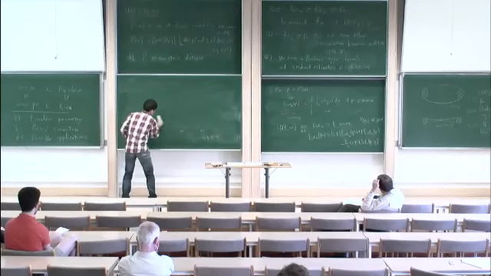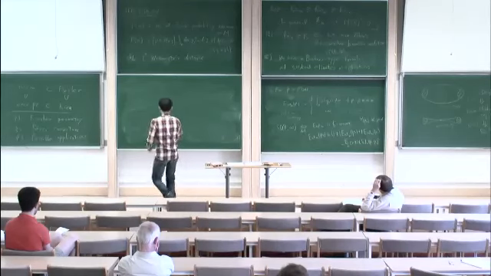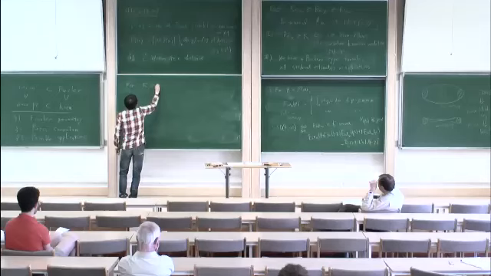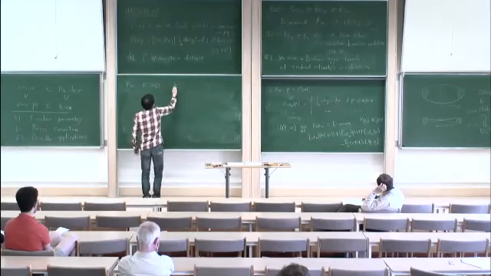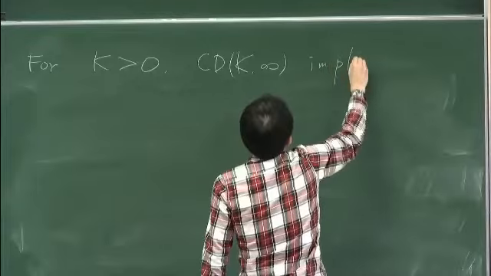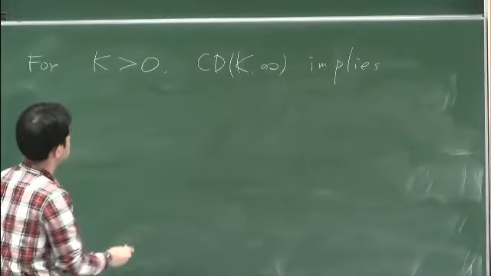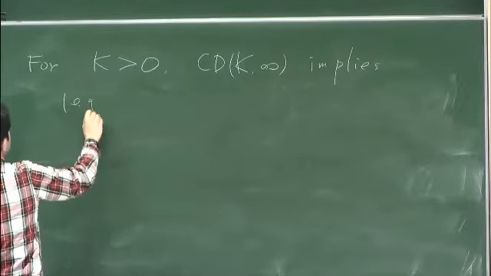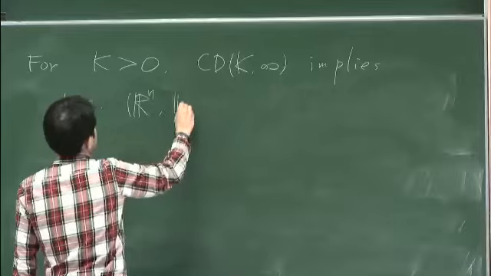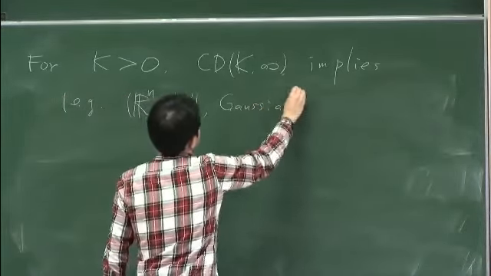Okay, so for positive K, the curvature dimension condition implies... right. So for example, an easy example is just a flat space, but with a Gaussian measure.